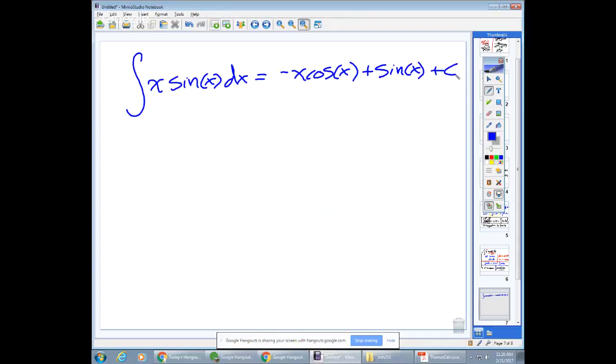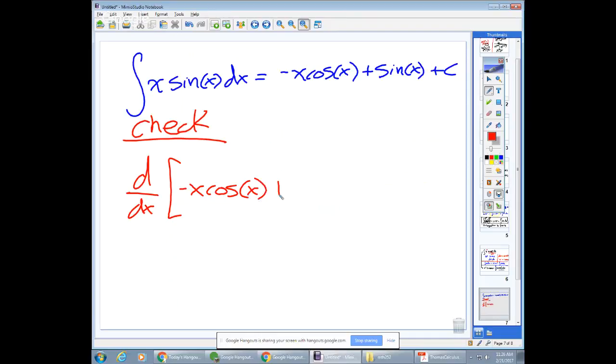So just to check, if we take the derivative with respect to x of negative x cosine of x plus the sine of x plus c, what do we get? Well, I have the product rule to use right there.